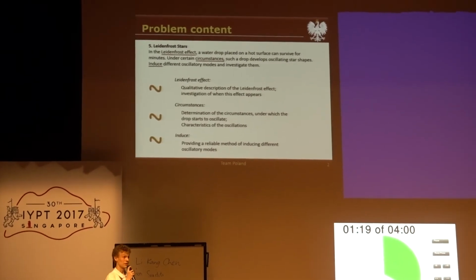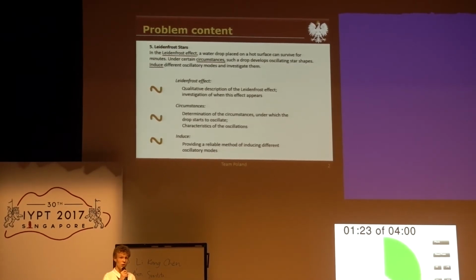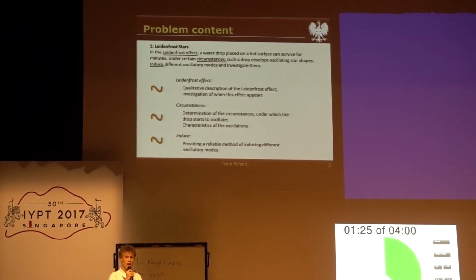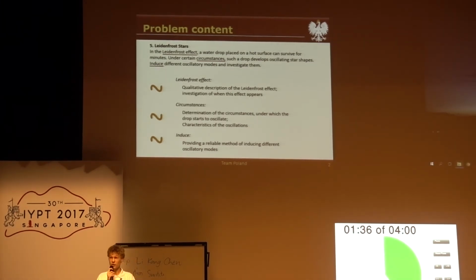The third part of this task is, according to the circumstances measured before when the drop appears, to construct our own methods to induce the stars with controlled number, mode, and amplitude. And it was done partially because there was a theoretical investigation of when the stars appear, but no construction of an own method to control the conditions around the stars.